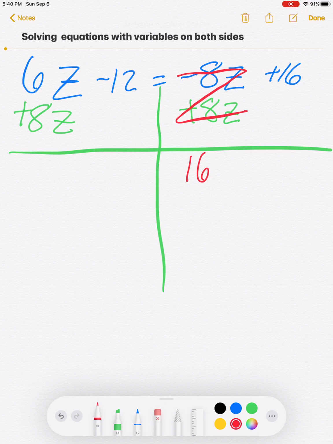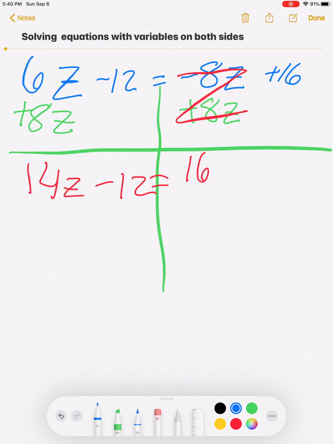6z plus 8z is 14z. Minus 12, I bring it down, and that's going to be equal to 16. So now we're back to working that two-step.